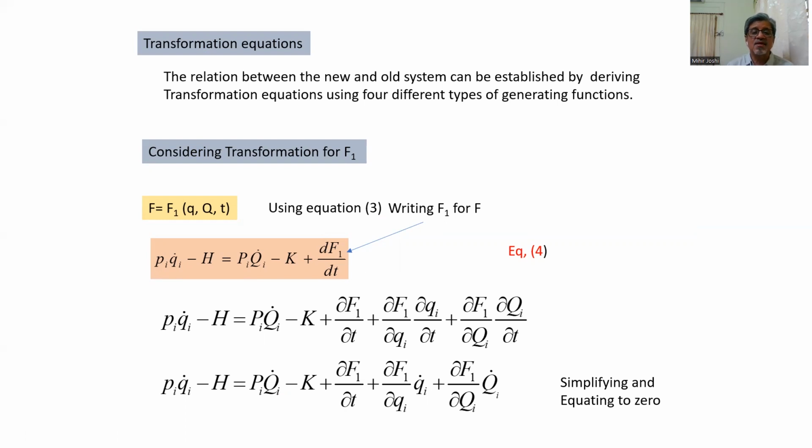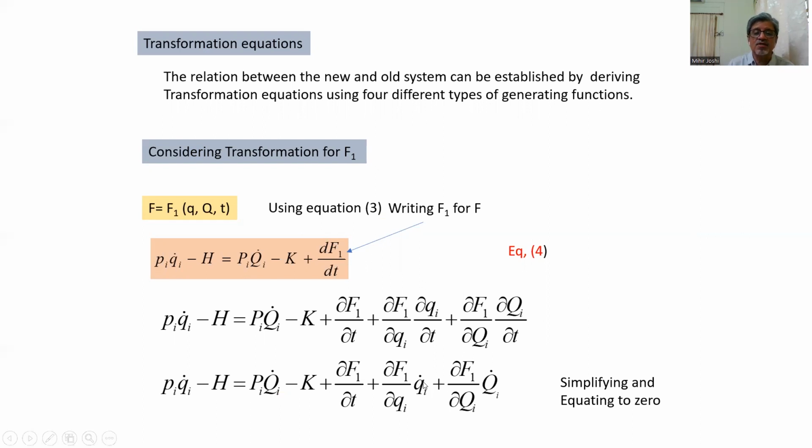So it is del f1 by del t plus del f1 by del qi, del qi by del t, plus del f1 by del capital Qi, del capital Qi by del t. And now converting this variable, del qi by del t is q dot i, and del capital Qi by del t is capital Q dot i.